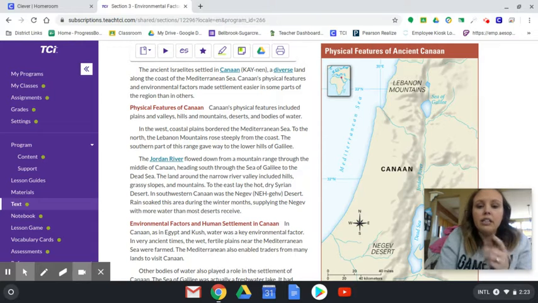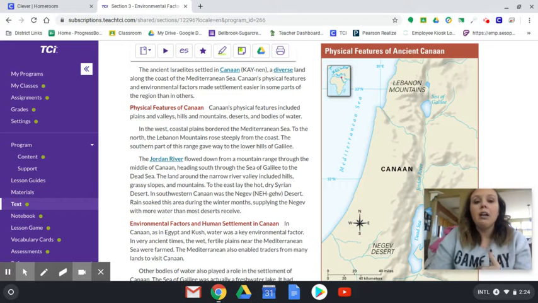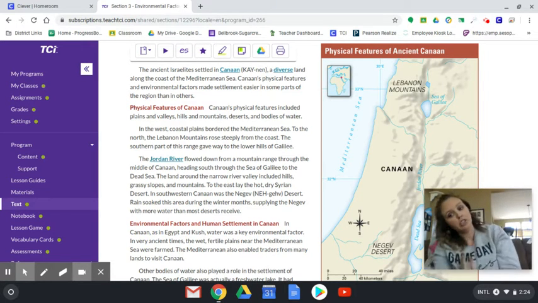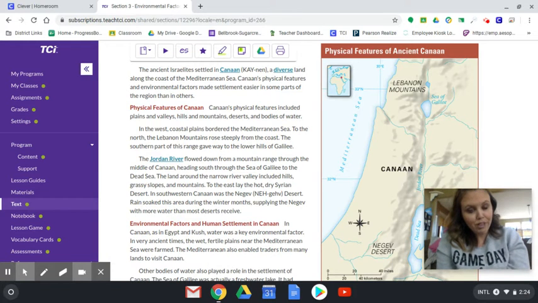It flows south from the Sea of Galilee to the Dead Sea. The Dead Sea is the saltiest body of water on earth. It's called the Dead Sea because nothing can live there because of the salt content. If you get in the water, it's so salty that your buoyancy is so high that you just float, which is pretty cool.